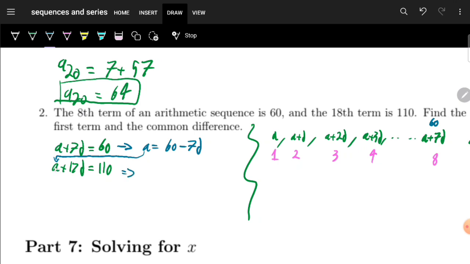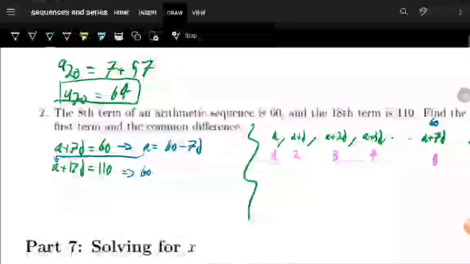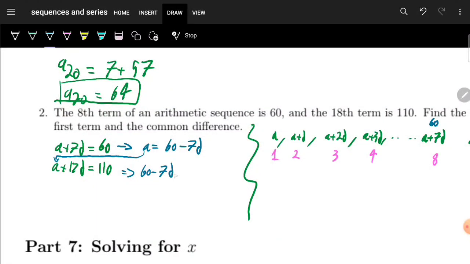So in the second equation, instead of a, I'll write 60 minus 7d. And then we have the plus 17d equals 110. So now you can see that we only have one variable now, d, and we can solve for that. So how can we solve for this?